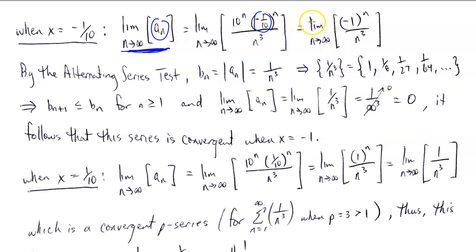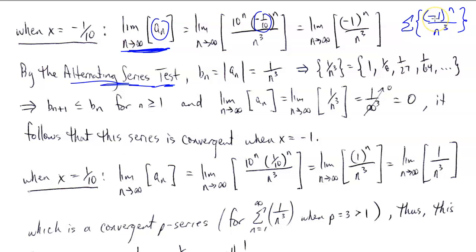So we come here, we have this limit, and we see here that the corresponding series that will come out as a result of this is going to be this series here. And we know this is going to be an alternating p-series, okay? So here, instead of trying to do the nth term test for divergence, we can just jump here to the alternating series test, okay?